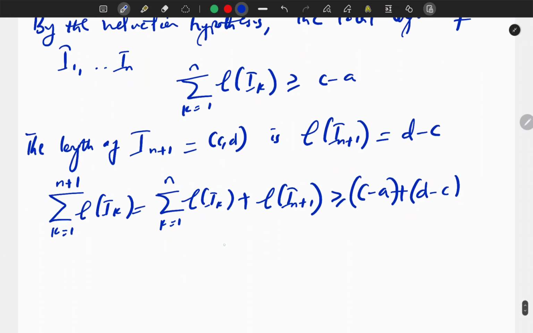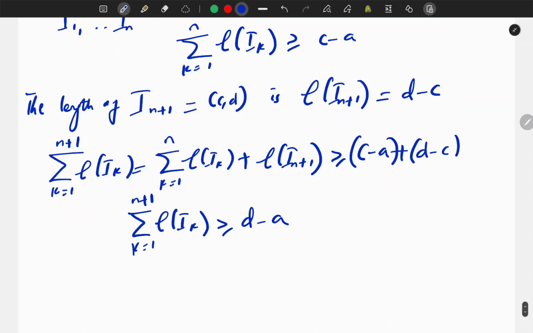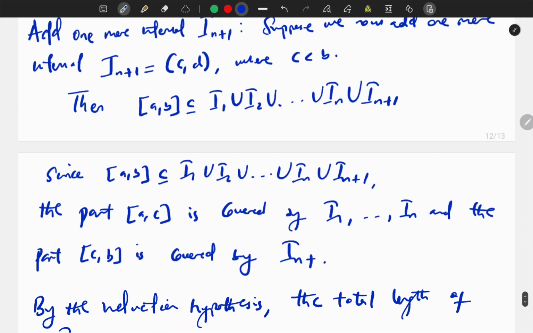If we simplify this, then the summation k equals 1 to n+1 of length of Ik will be greater than d minus a.